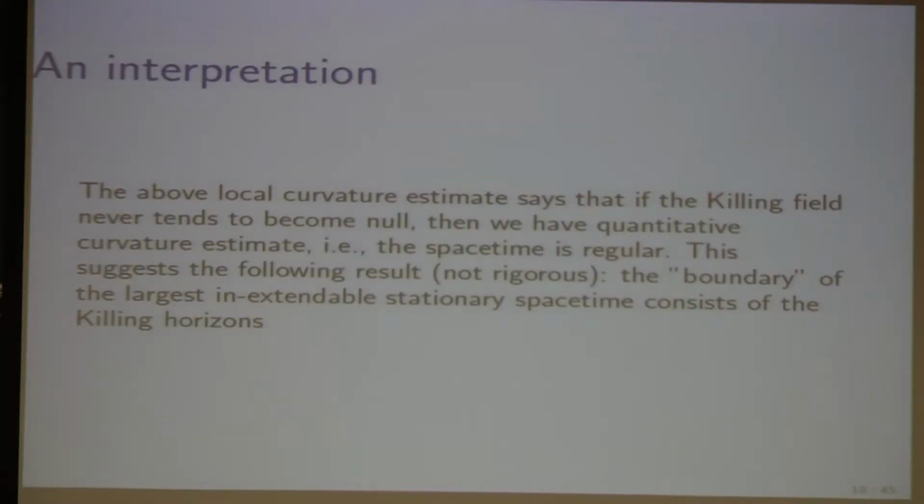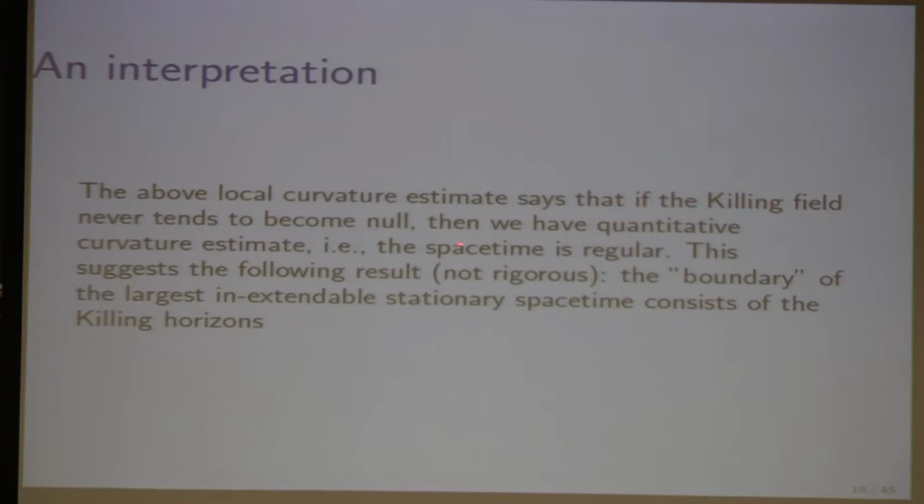Sorry. So I will give an interpretation of this estimate. This curvature estimate says if the Killing field never becomes null, null meaning the norm is 0 at that point, then we have a quantitative curvature estimate.